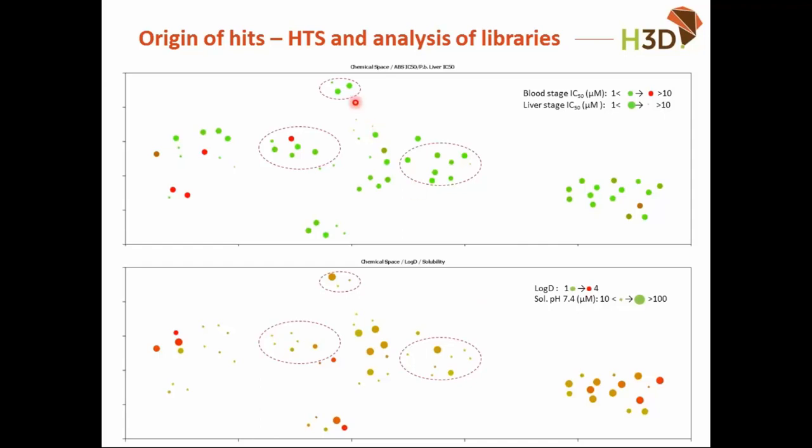So for example, the one at the top, we can see that the compounds are quite potent for different activities against the parasite in different life stages, and they are not very soluble. So solubility will be a thing to solve if we decide to continue with this series.